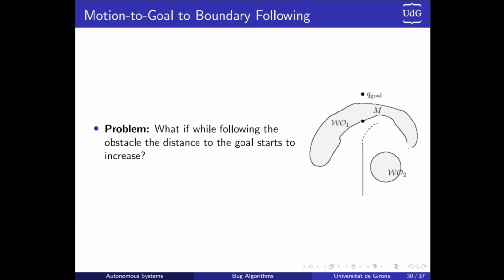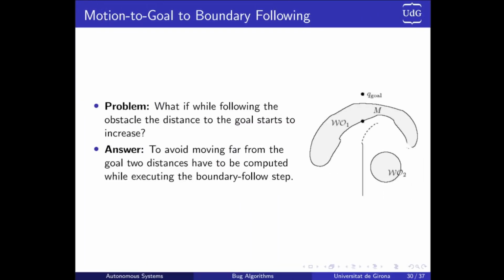We want to be close to the goal. Then to avoid moving far from the goal, we will compute two distances. Remember that before, when we were going through the full perimeter of the obstacle, we were measuring for each point the distance between this point in the perimeter of the obstacle and the goal, no? This d-min. Now we will compute two distances.